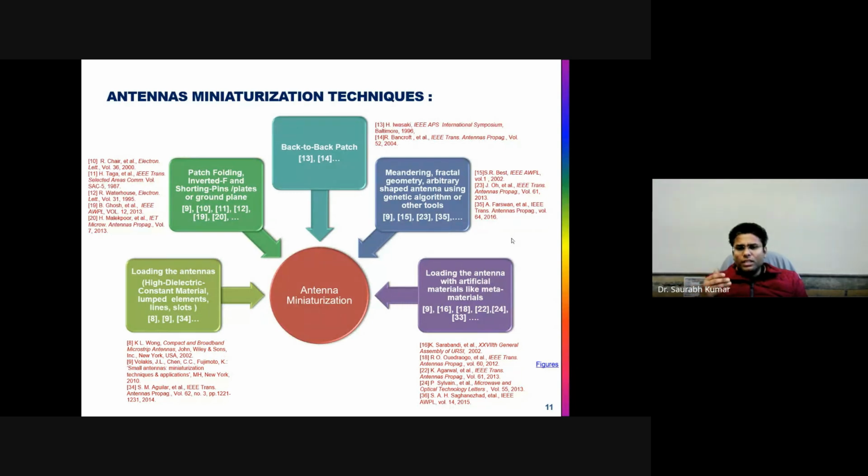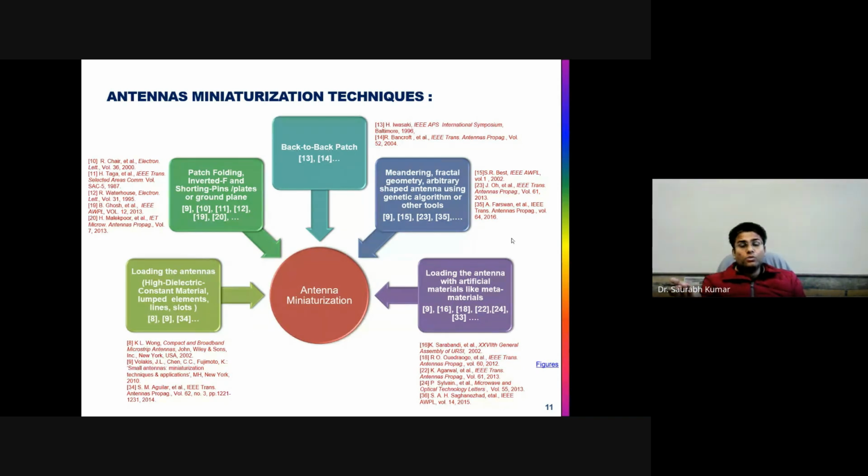So depending on the different type of metamaterial, you can have different physics behind how the miniaturization can be achieved. In some techniques, you are just loading the antenna with the inductive capacitive behavior of some metamaterial so that it can compensate the capacitive inductive behavior below the resonance, and hence the resonance is shifted to the lower frequency.